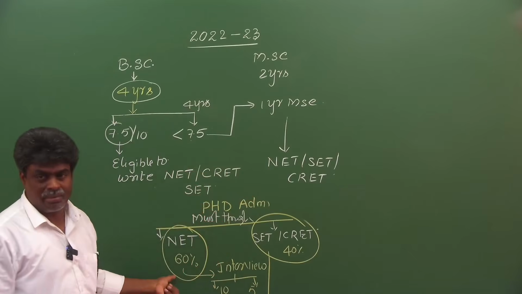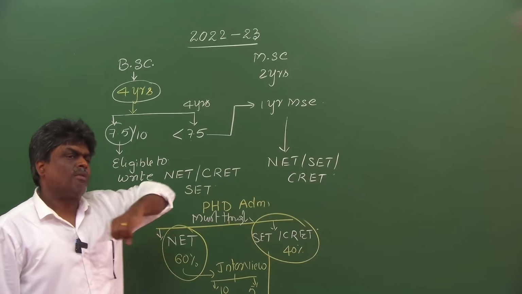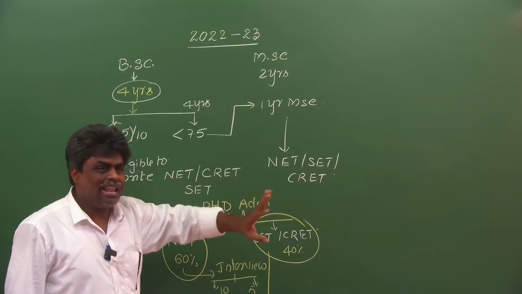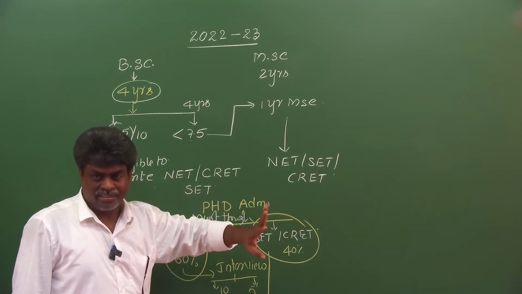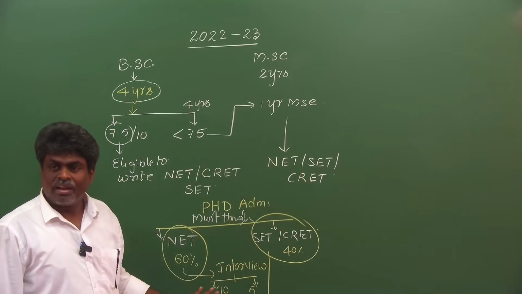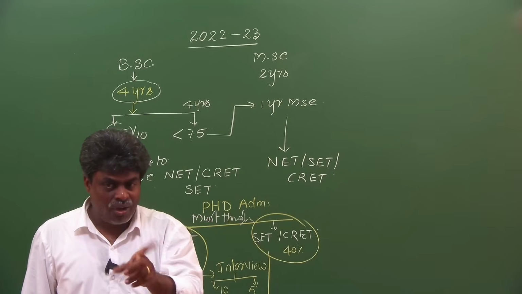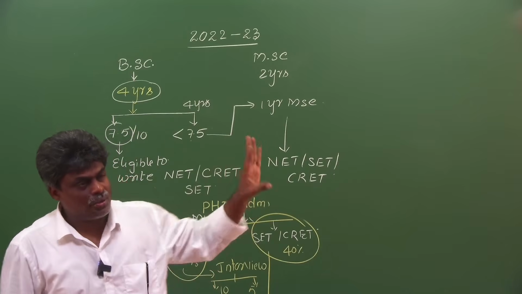And for them it's not like that. No 70, 30. Whoever has cleared the NET exam, LS or JRF does not matter. Now onwards, anybody can do research. Understand? Earlier only JRF candidates would get the stipend. No. Now LS also you can apply for research.